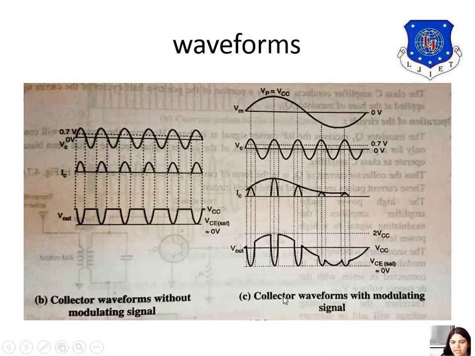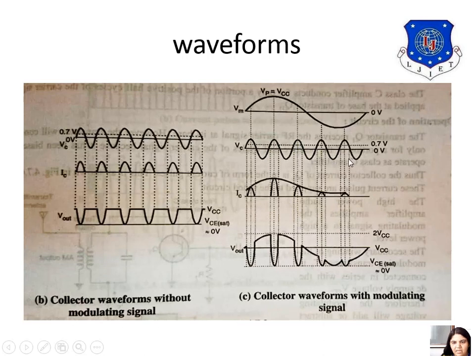These are the collector waveforms with the modulating signal. You have applied the carrier onto the base of the transistor and the modulating signal onto the collector of the transistor. This is the modulating signal, and the carrier comes through the base.